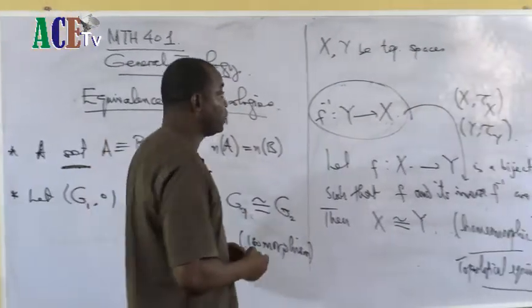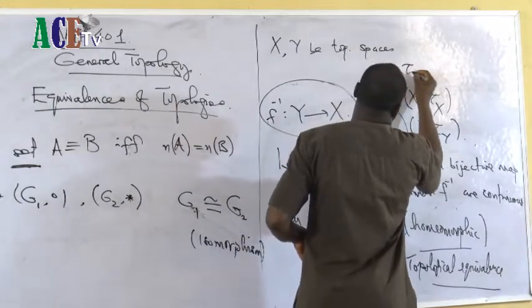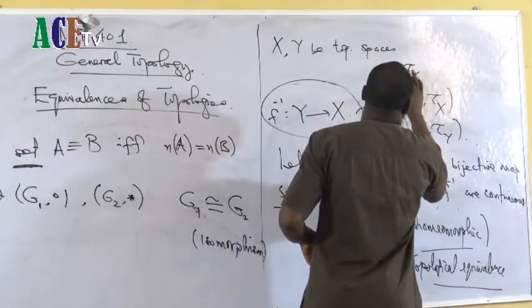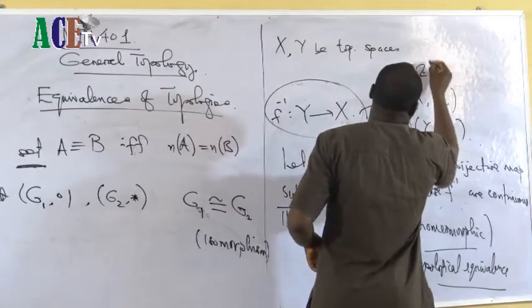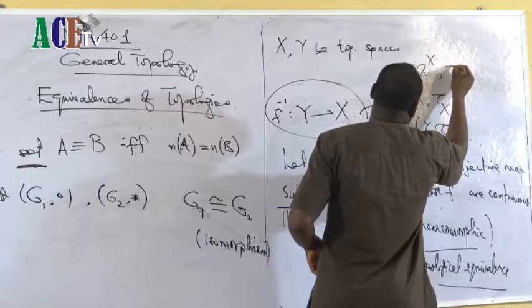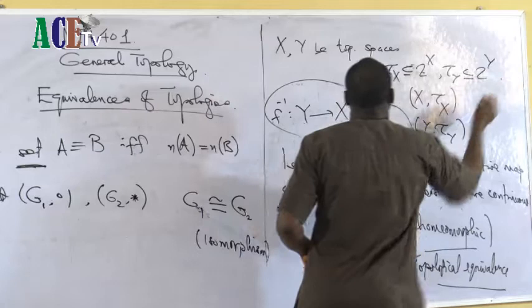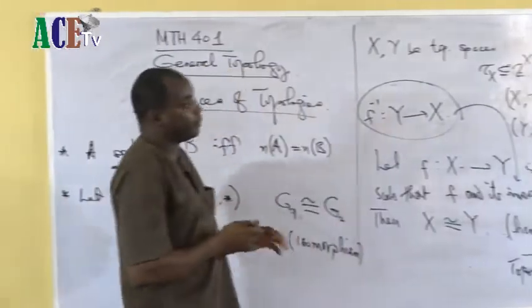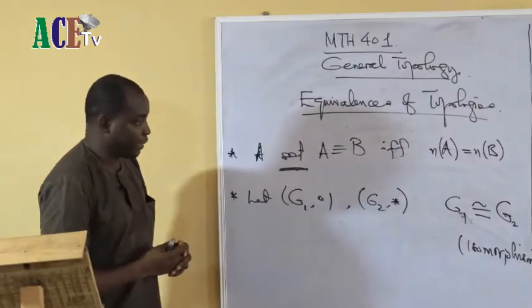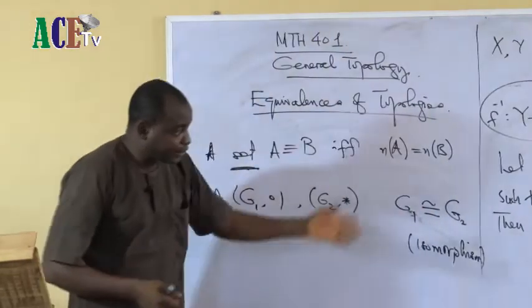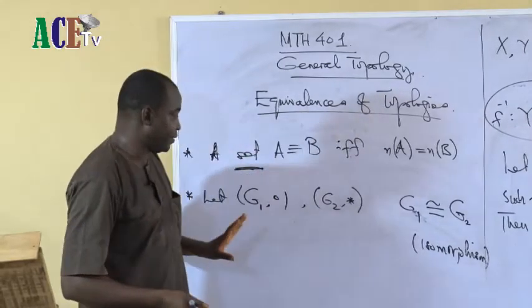Of course, you know that these topologies, as earlier said, are subsets of the power set of the set X on which they are defined. So for sets, we say set equivalence.